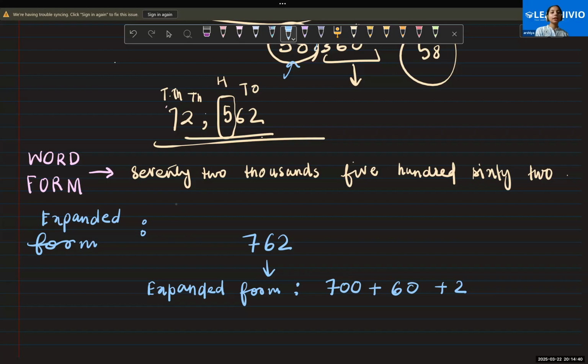Very good. How many zeros should I write in 70,000? We should write 4 zeros. 70,000 plus 4 zeros.